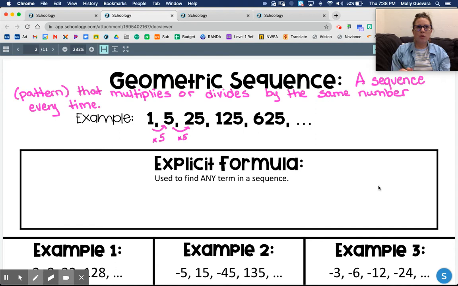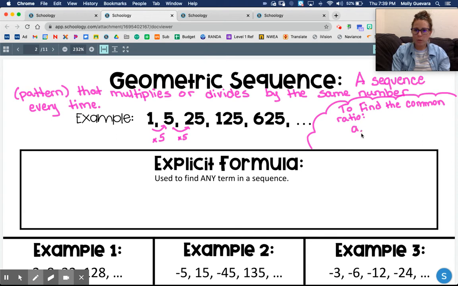Now, if you were presented with a sequence and had no idea what number you were multiplying or dividing by every time, there's a way to find the common ratio, which is the number you're using every single time. Make a little note here: to find the common ratio, you take your second term, a sub 2, and divide it by your first term, a sub 1.